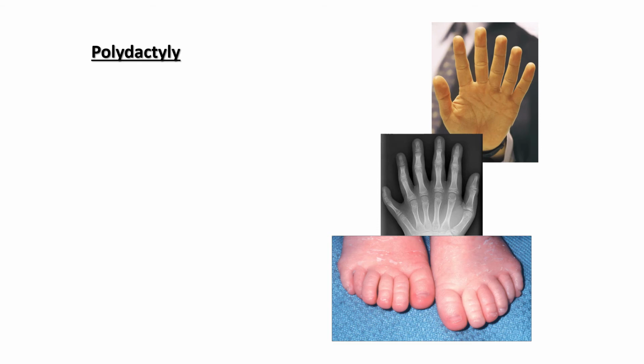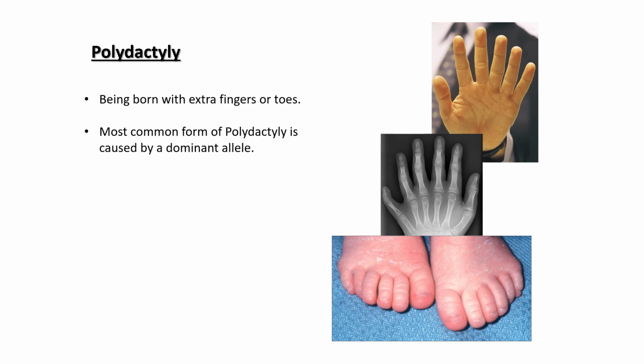Polydactyly. Sometimes babies are born with extra fingers and toes. This is called polydactyly. The most common form of polydactyly is caused by a dominant allele. This can be inherited from one parent who has the condition.